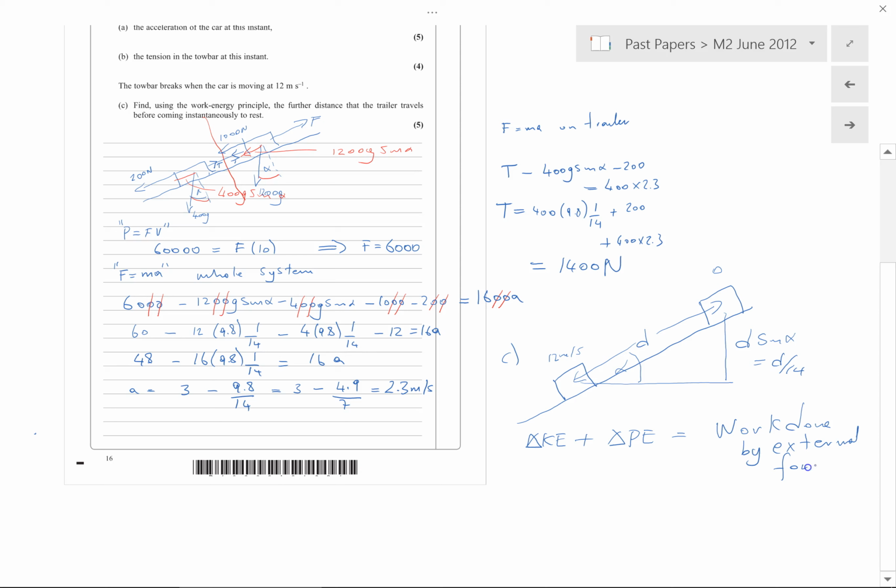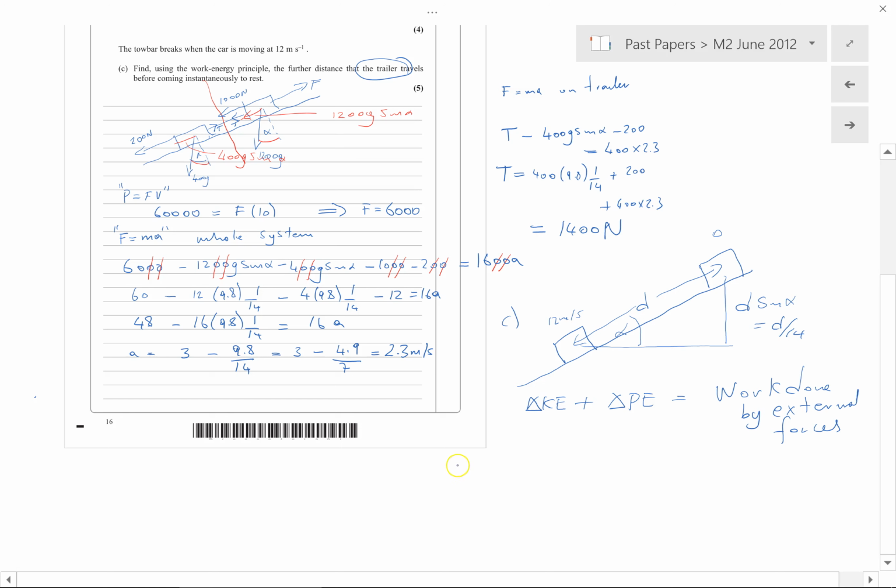It can be friction in other questions, but here it's just talked about the trailer. So we're looking at the trailer, so it's going to involve the 200 Newton force.